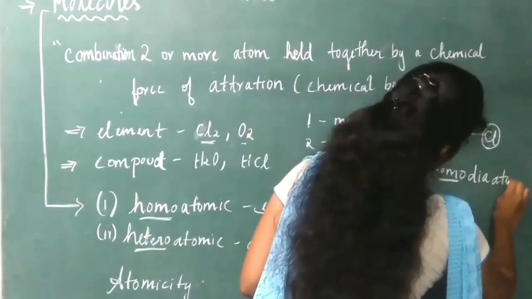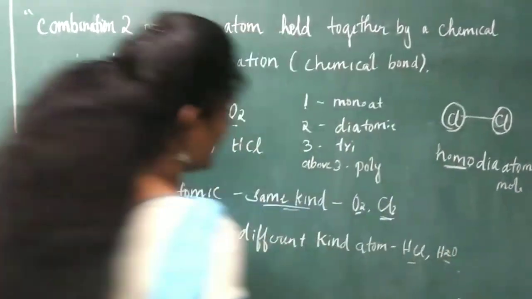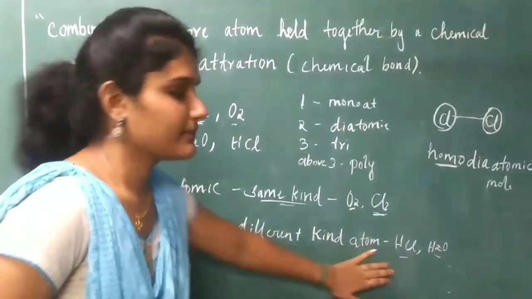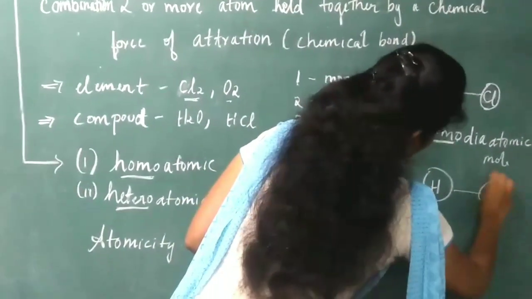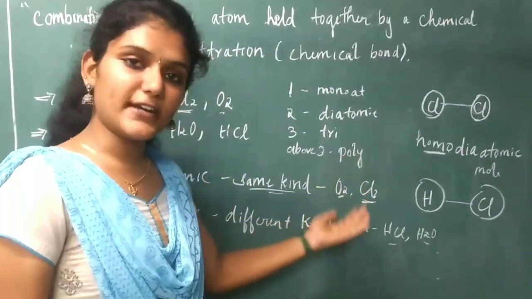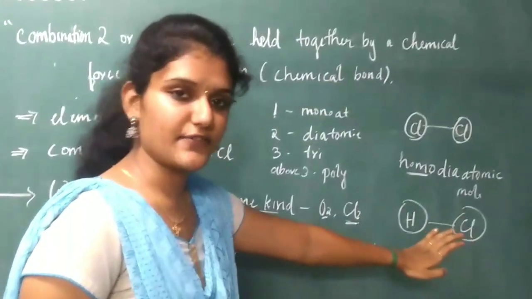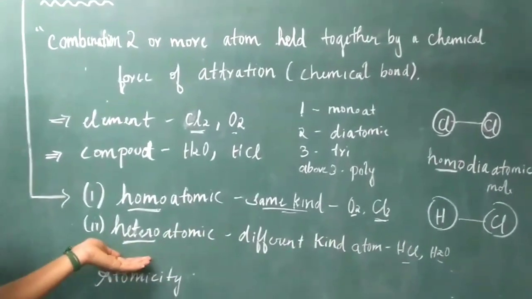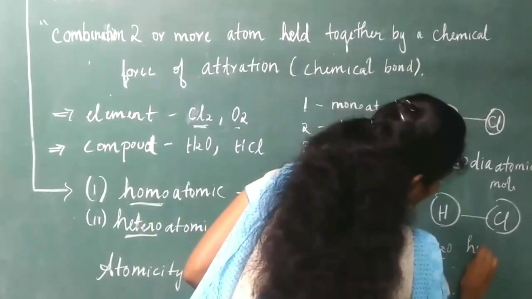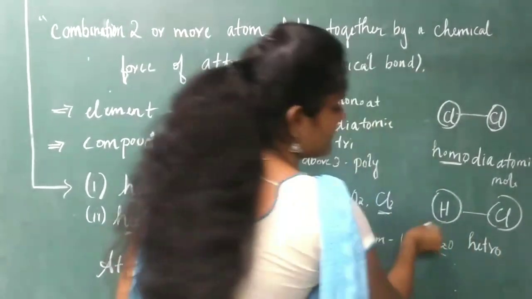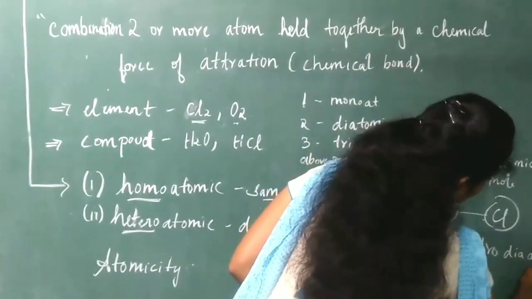So it is a homo diatomic molecule. Next we take HCl. Here H is bonded with Cl. Hydrogen is a separate element and chlorine is a different element, right? So we give the name hetero. Different means it is known as hetero. How many atoms? 1, 2. So it is a hetero diatomic molecule.